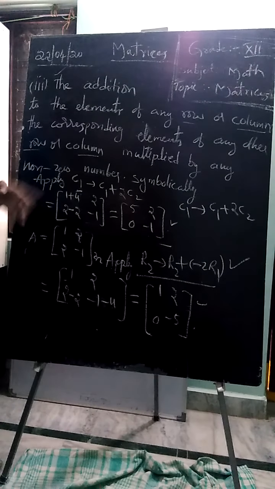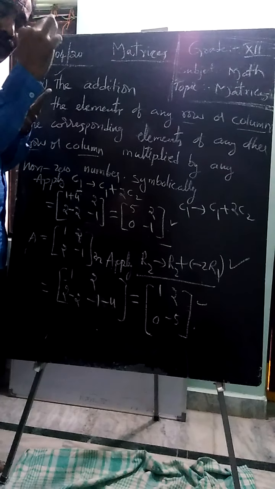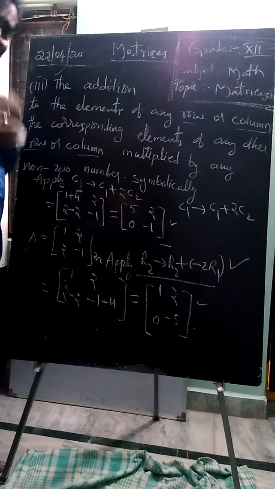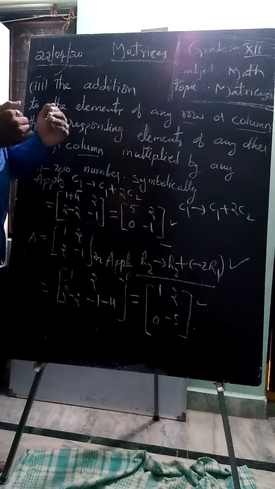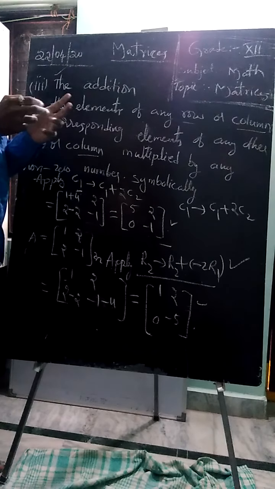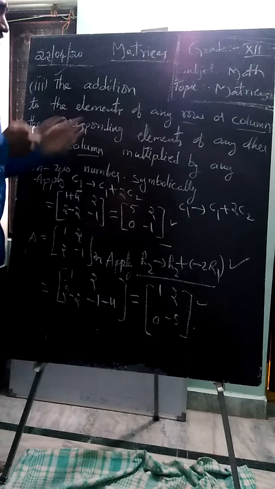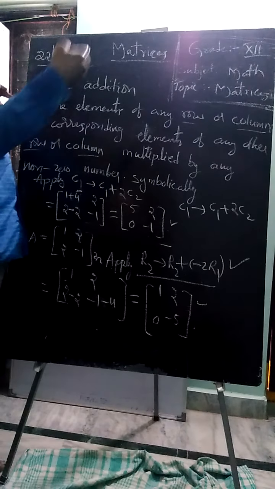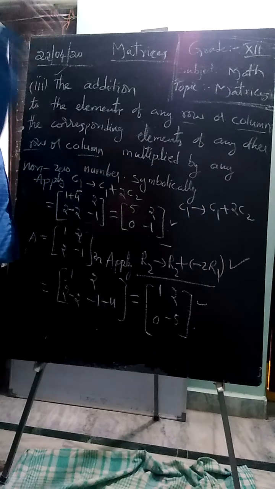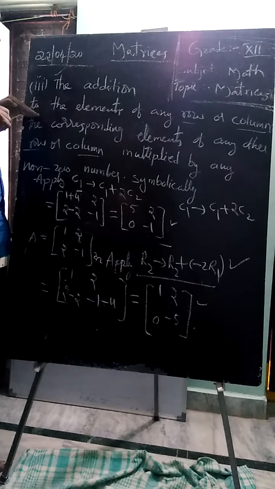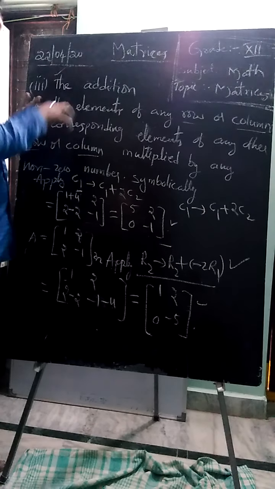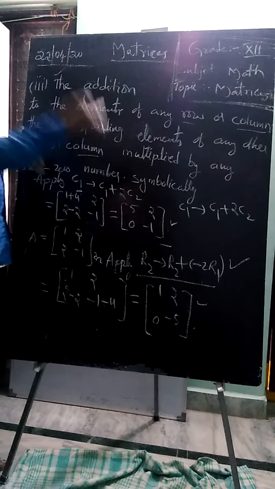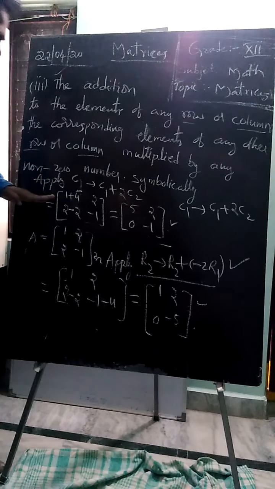So till now you have learned two operations by interchanging any two rows or columns. Then how to add or subtract with a constant term is the second operation you have learned just now. Now multiplying any row or column by a constant number is another operation. Again, the addition to the elements of any row or column, the corresponding elements of any other row or column multiplied by any non-zero number, row wise, column wise.